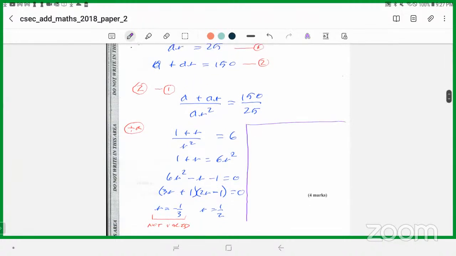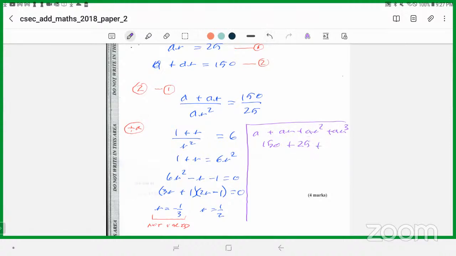So the first four terms will be A plus AR squared plus AR cubed. I don't have to use a formula. These two were 150. That's what we have, right? 150 plus, this was the third one, which is 25. And then to get the fourth one, you multiply the 25 by the common ratio.